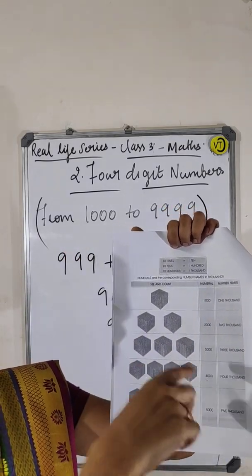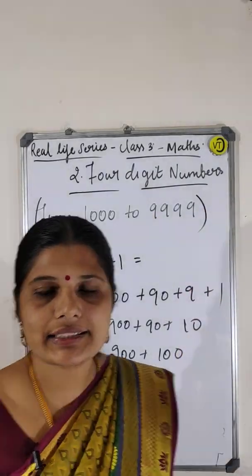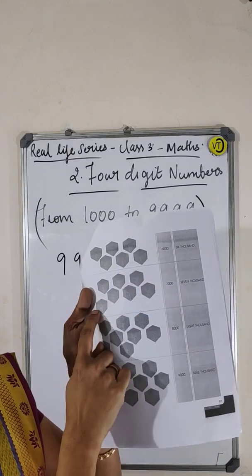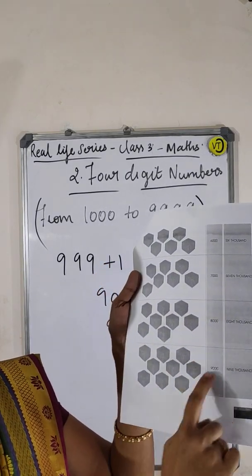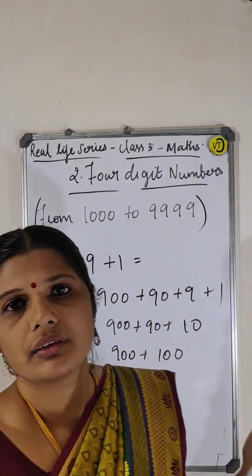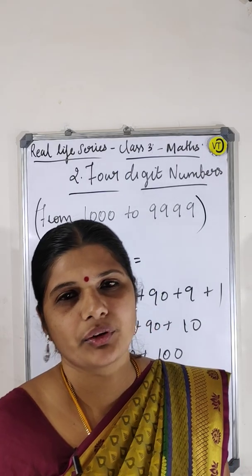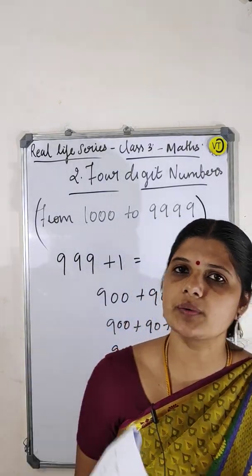Four boxes, 4000, 5000, 6000. Six boxes, 6000, 7 boxes, 7000, 8 boxes, 8000, 9 boxes, 9000. Like that. We are going to deal only up to thousands here.